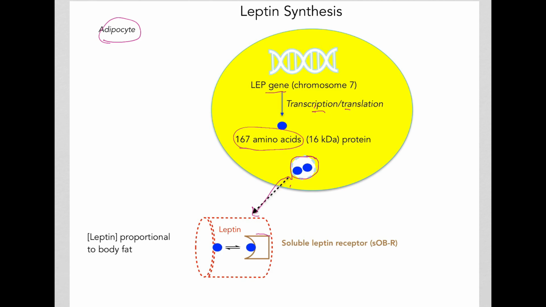In the bloodstream, the protein exists as a bound form. It is bound to a protein called the soluble leptin receptor, or SOBR, and of course there is some in the free form. So this free form would be the active form. The amount of leptin present in the bloodstream is proportional to the amount of fat present in the body.